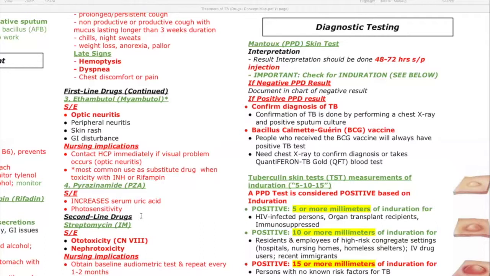So it's going to be rare for you to be in this category, in my opinion. But for people who have no known risk factors for tuberculosis, they need an induration measurement of 15 millimeters or more.